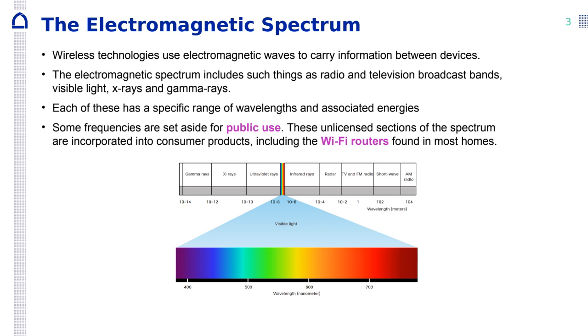And some frequencies are set aside for public use. These unlicensed sections of the spectrum are incorporated into the Wi-Fi, okay? So the Wi-Fi devices that you buy, they use a specific range of frequency. Please listen to me. Because some ranges you are not allowed to use.